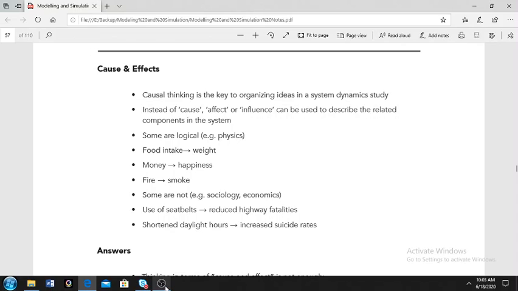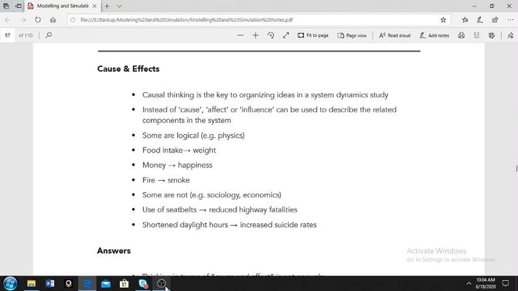So let's continue with cause and effects. Let's try to understand what we refer to as cause and effect. The objective of this is to build a causal graph, and the causal graph will be transformed into a stock and flow graph or stock and flow diagram.